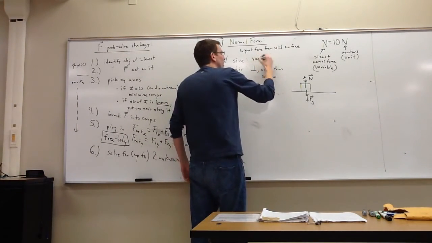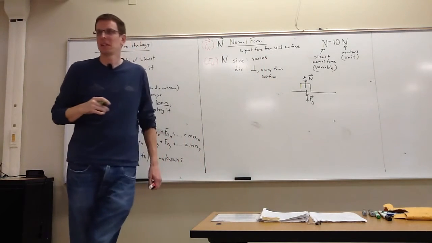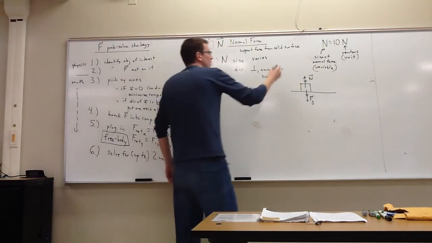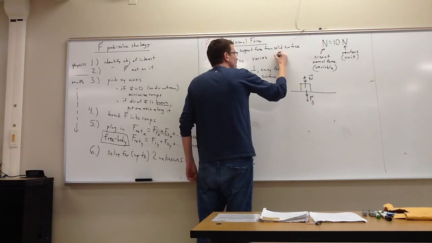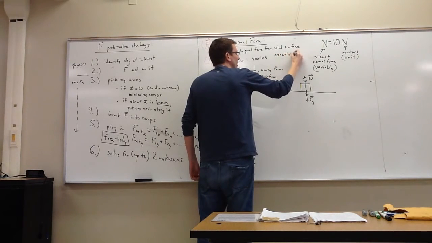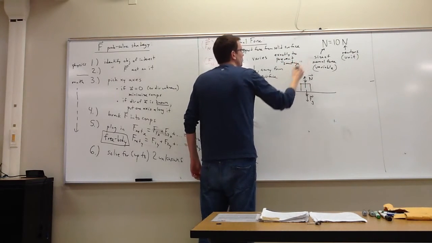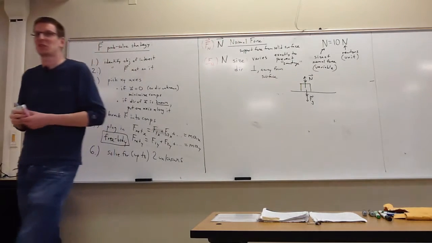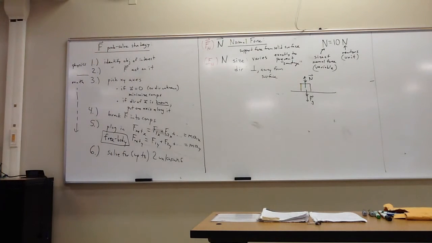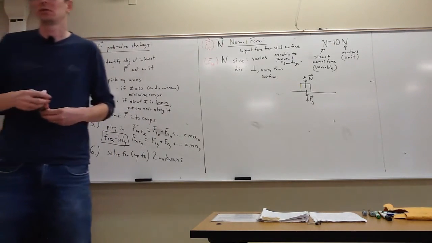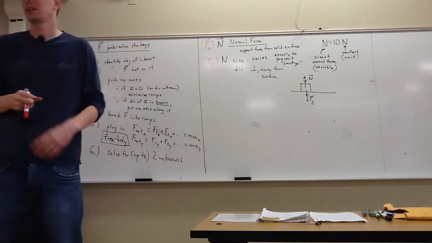and the amount that it will push is exactly to prevent, I guess I'll write it here, smushage, okay? So the surface doesn't want to get smushed. That's the only thing it's looking to do. It's protecting the structural integrity.